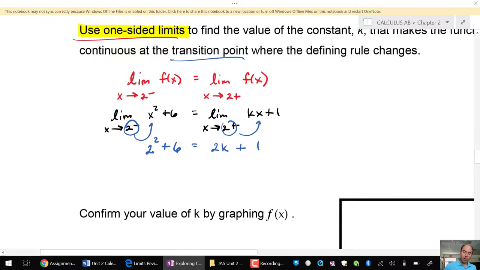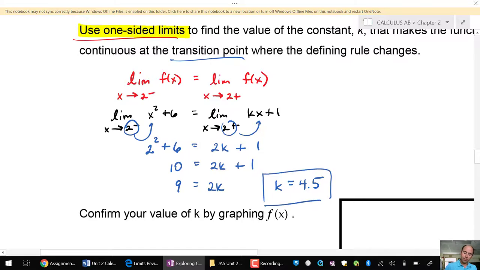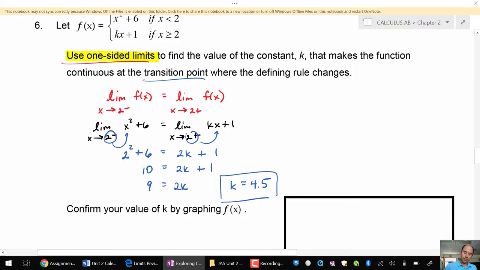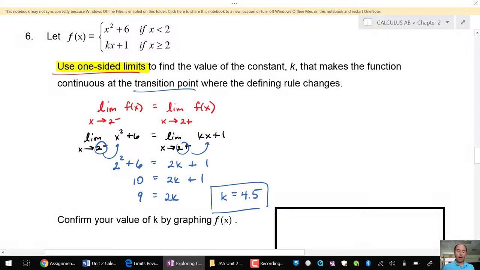Let's continue to solve our equation. 4 plus 6 is 10. Subtract 1. And it appears that our k value will be equal to 9/2, or 4.5. So if you plug in 4.5 for k into our piecewise function, we will have a continuous function at the transition point of x equals 2.